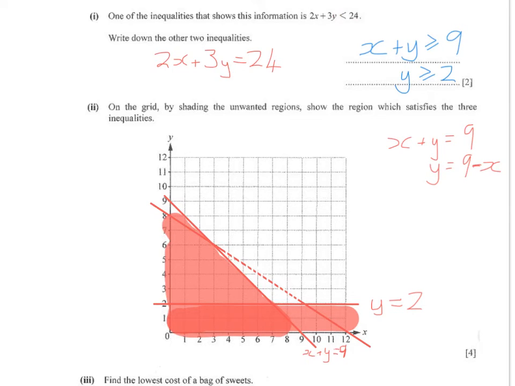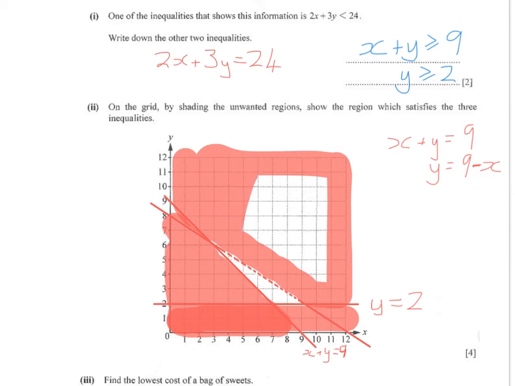The final thing we've got to do is shade in the areas we do not like. We want everything to be less than 24 pence, so we cannot have anything up here, anything on or above that dotted line is bad. So all of the rest of this gets shaded in, leaving us a very small white patch in the middle, and anywhere in there is the region in which all three of those inequalities are satisfied.